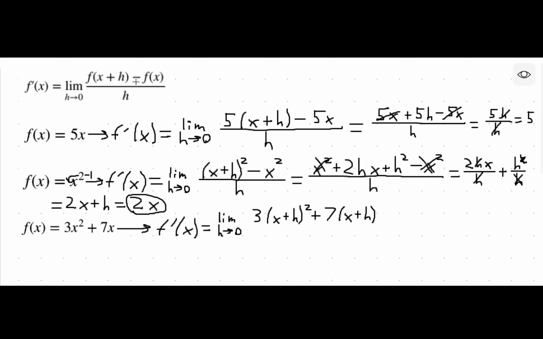And now I just subtract the original function. So I have to subtract 3x squared plus 7x. I'm just dividing by h. So now looking at the first term, I could expand out the x plus h squared again.